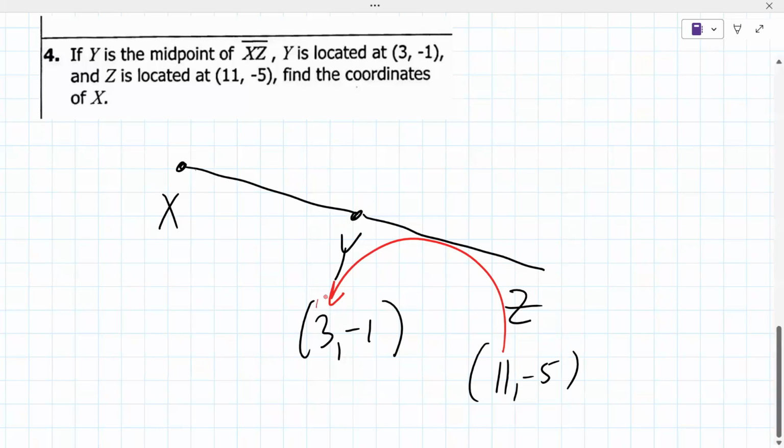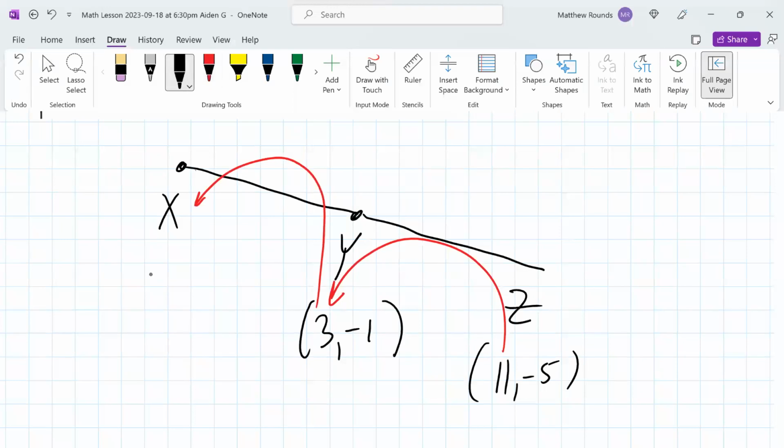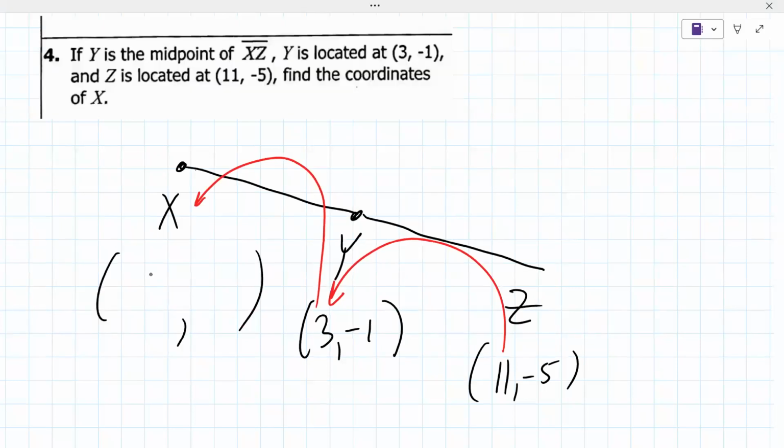So you're going to do the same thing. You're going to subtract by 8 here. So 3 minus 8, what does that become? Negative 5? Yes.